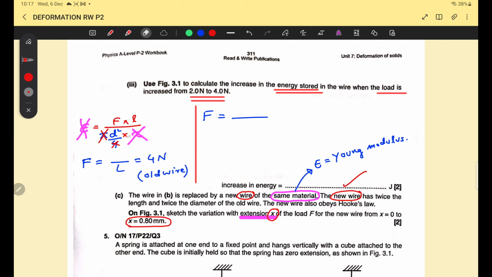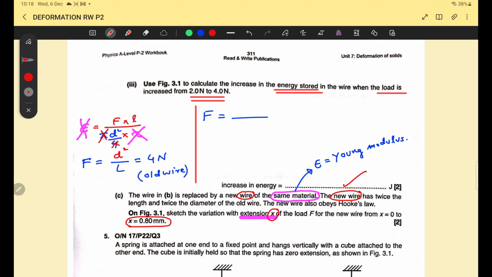So I should write d square upon L. In this question, you are not given area, you are given diameter. So I made the equation of force in terms of d square upon L, and this d square upon L is equal to 4 Newton.